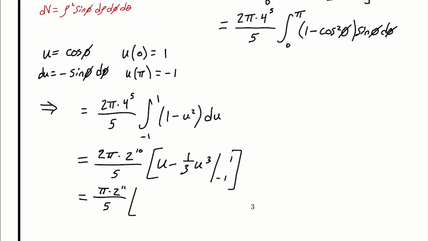And then this would become 1 minus a third minus -1. Ooh, this gets a little crazy here. What do we have? -1 cubed is -1. -1 times negative a third is positive a third. So this is plus a third.